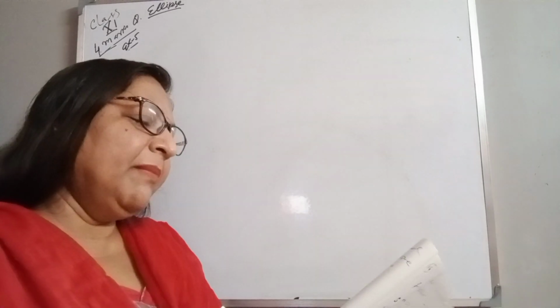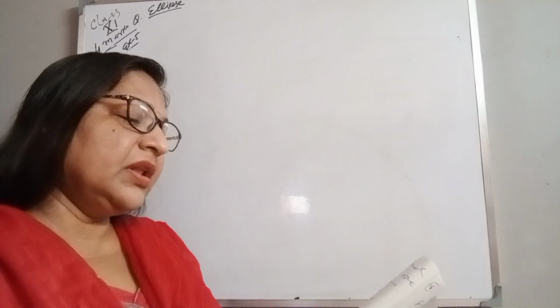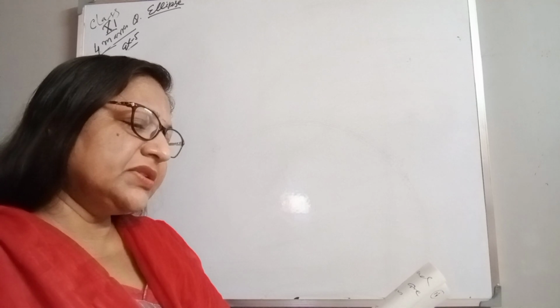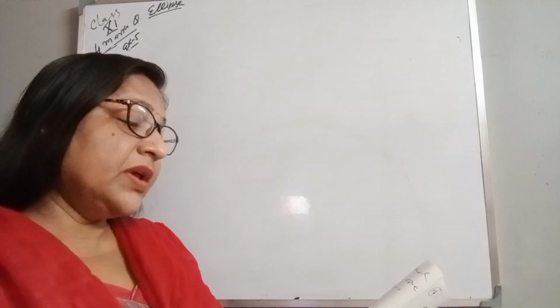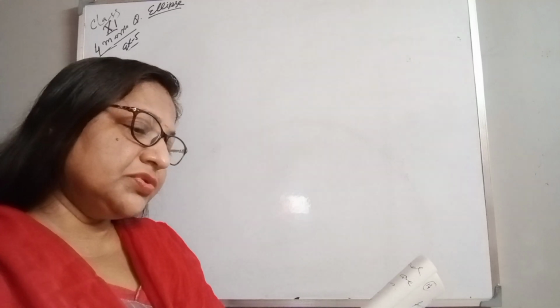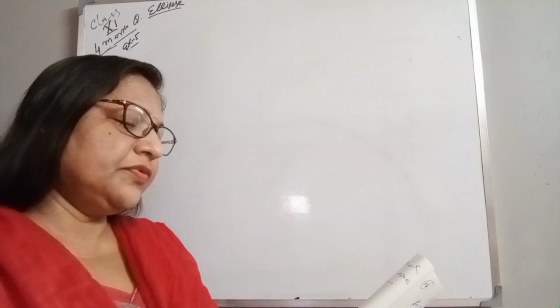The length of the major and minor axis of an ellipse is 8 and 6, and their equations are y minus 1 equals 0 and x plus 3 equals 0. Find the equation.